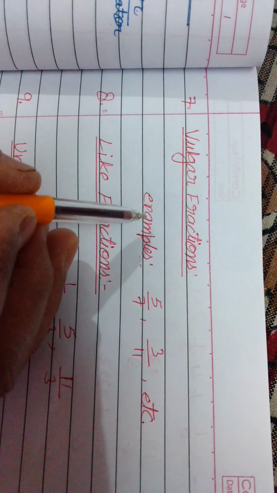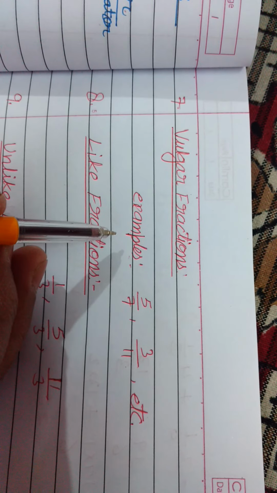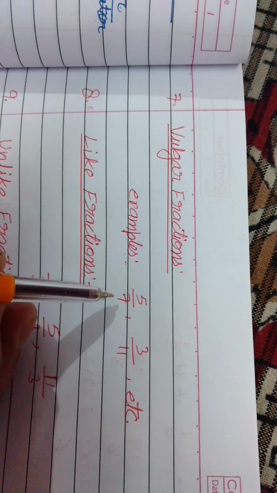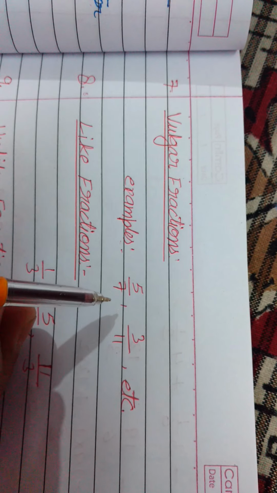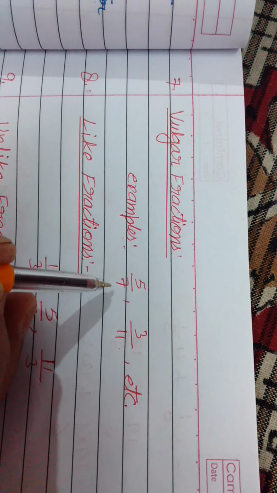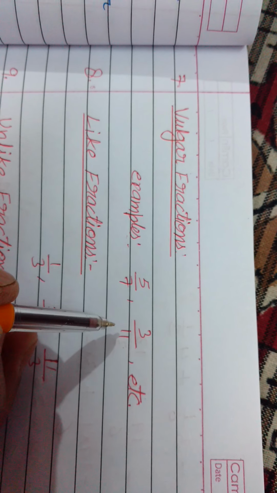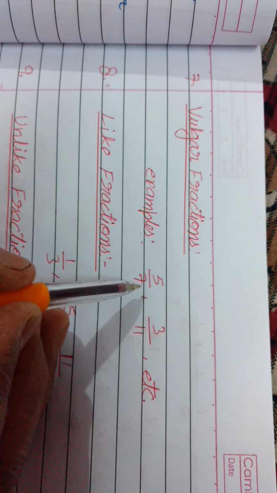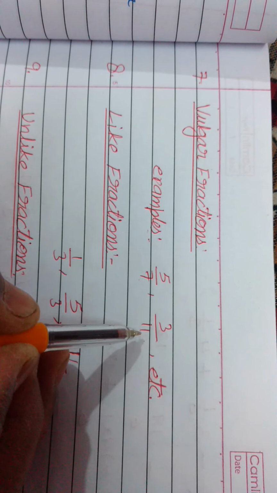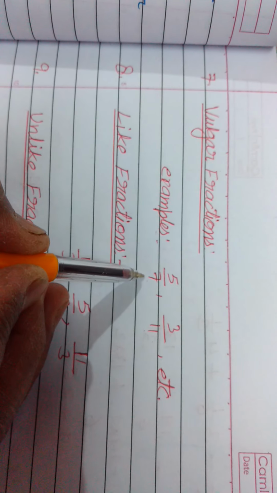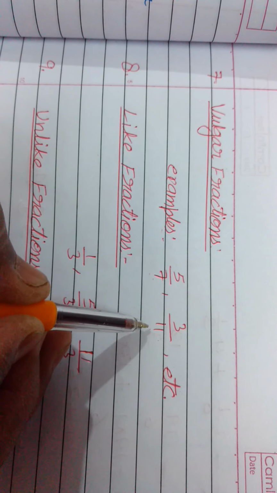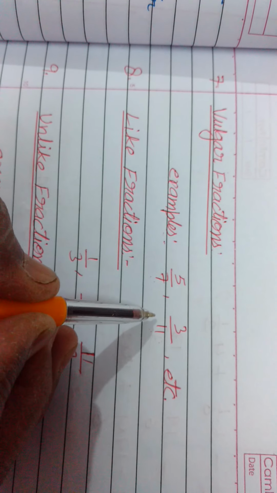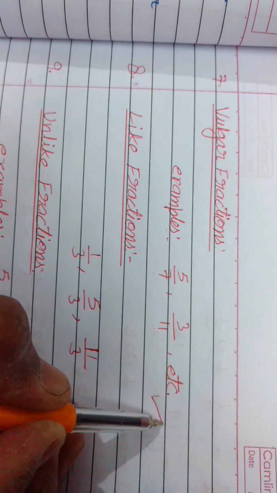Next one is the vulgar fractions. A fraction whose denominator is not of the form of 10 or a multiple of 10 is called a vulgar fraction, like 5 upon 7 and 3 upon 11. So the denominator is not 10 or a multiple of 10, so they will be vulgar fractions.